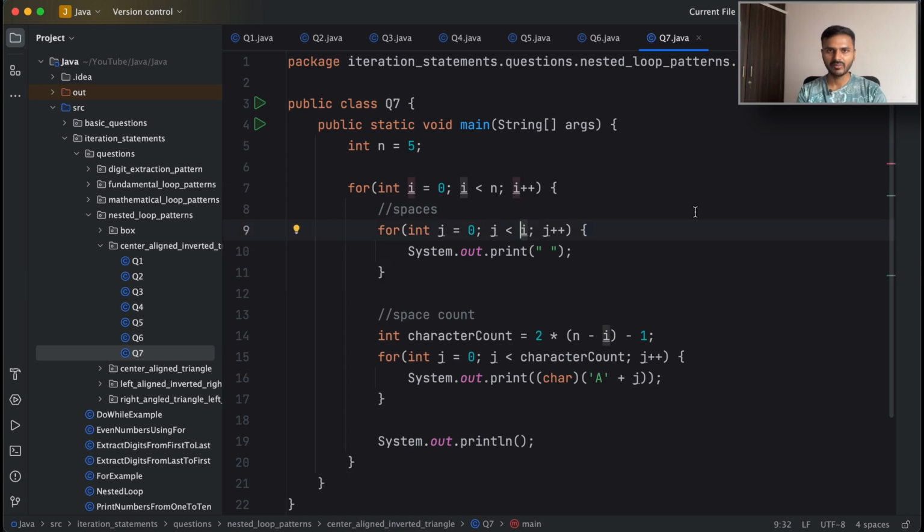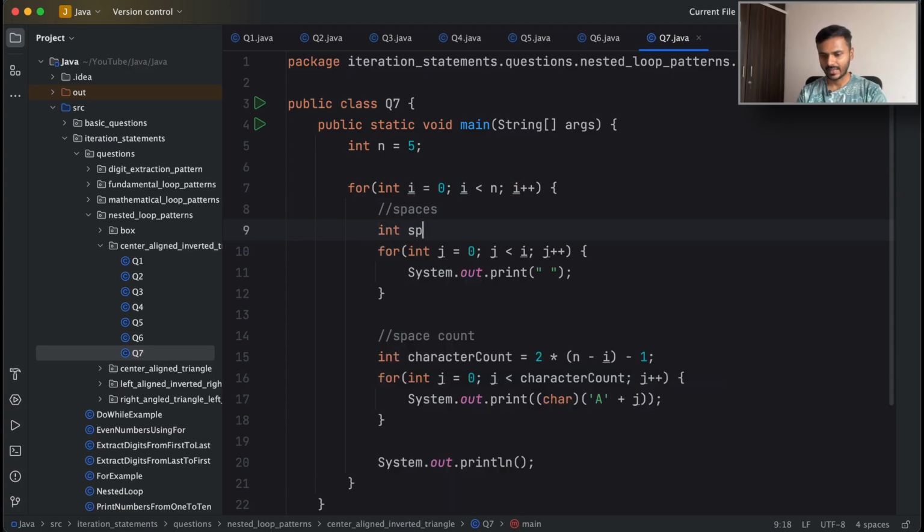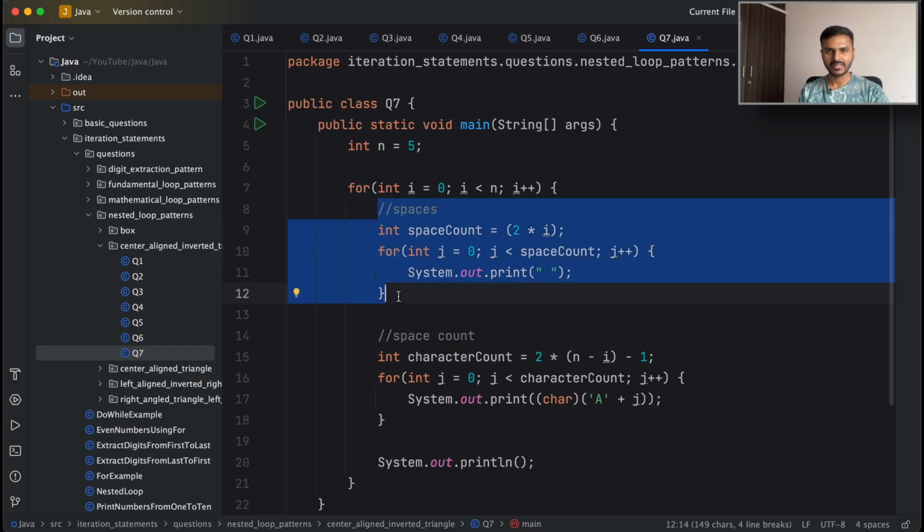On the basis of whatever we have discussed, it will be 2 multiplied by i, right? So let's say I have a variable called spaceCount and I initialize this to 2 multiplied by i. And instead of going from 0 up to i, I go from 0 up to spaceCount, right? So printing the spaces at the beginning of the row is taken care of.